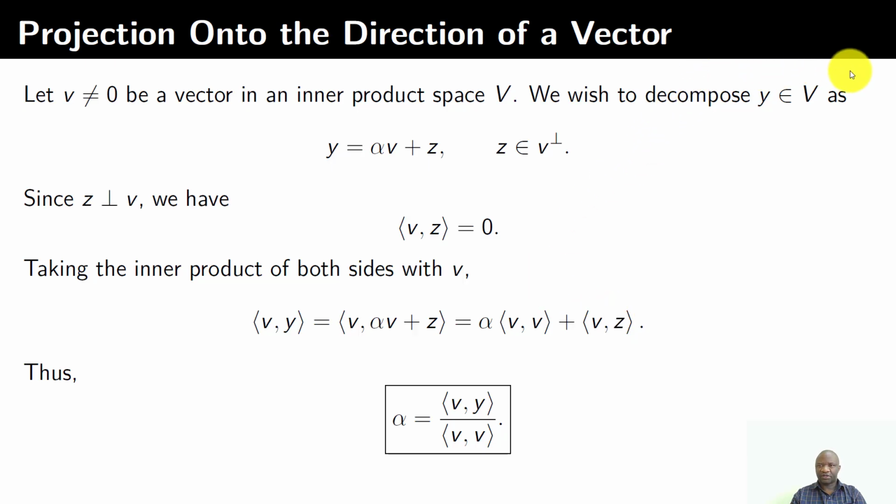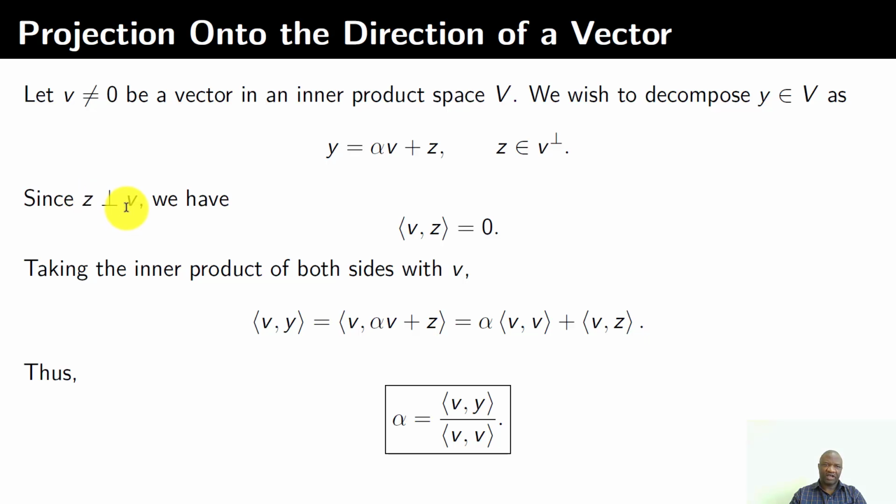Orthogonal projection. Let v be a non-zero vector in an inner product space V. We wish to decompose y, which is in V, as y is equal to alpha v plus z, where z is perpendicular to v, or is a member of the orthogonal complement.